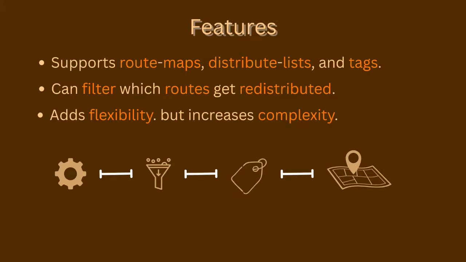You decide exactly what gets shared. And finally, it definitely adds flexibility to your network, but that flexibility also introduces complexity. So while it's powerful, you want to use it carefully and plan your redistribution strategy ahead of time.